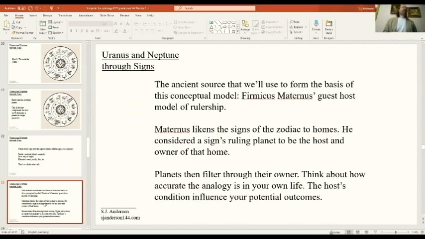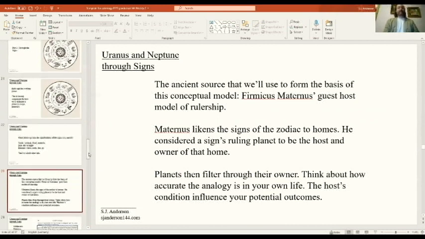I had to go back to my home, and by no means was I impoverished, but it was like, okay, dang, I'm only playing with this toy and this older game. So there's a sense that when you are a guest somewhere, you filter through the energy of the host, the key feature of this whole framework for how we understand a planet and a sign.